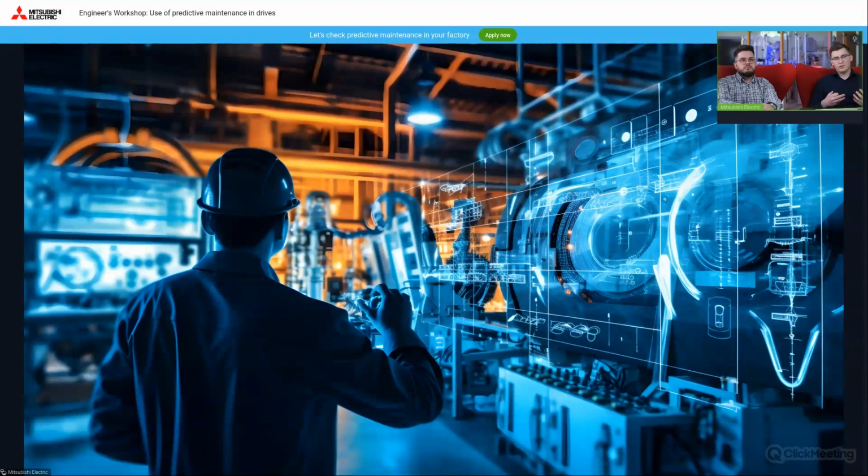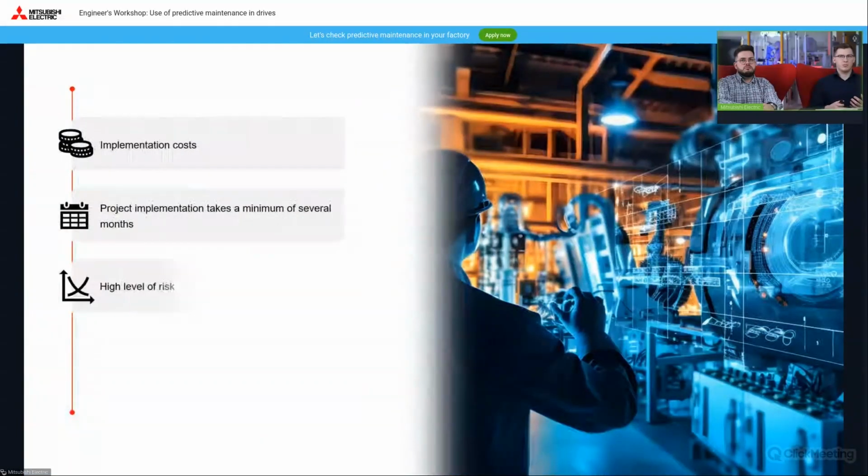And unfortunately, this is not always the best solution, because this kind of application is expensive to implement, requires specialized staff to write code, and writing this code takes a huge amount of time due to data analysis, which needs to be done beforehand, and it needs to be customized for every application.